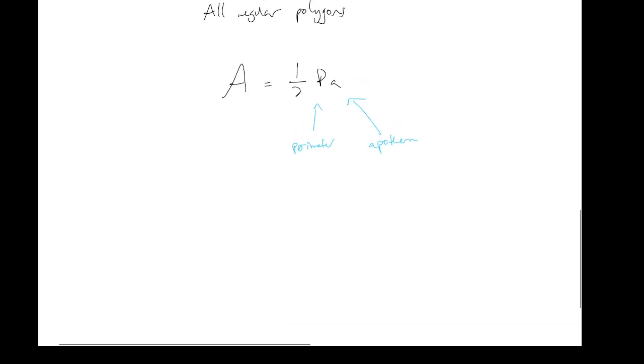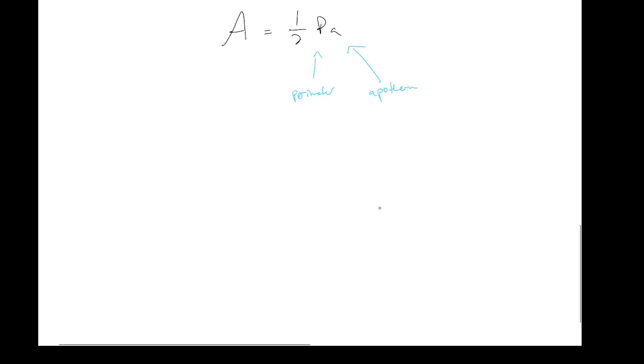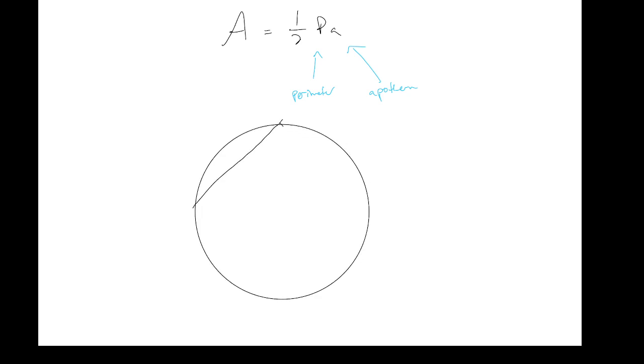We don't say apothem because this is not some sort of a creature you find in the road. This is the apothem. It's the proper pronunciation. This is how you find that particular distance here. So I'm going to show you guys. I'm going to inscribe a pentagon, a regular pentagon, into a circle. Okay?